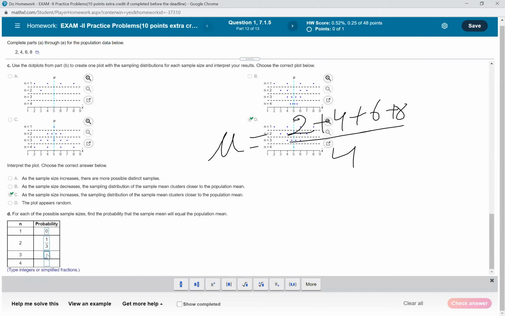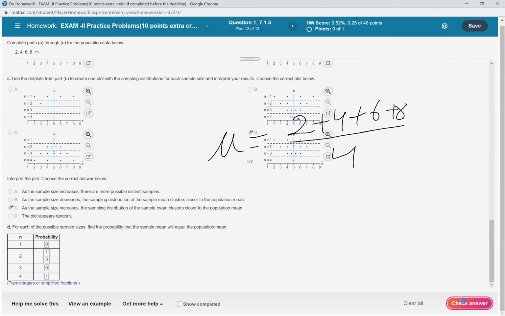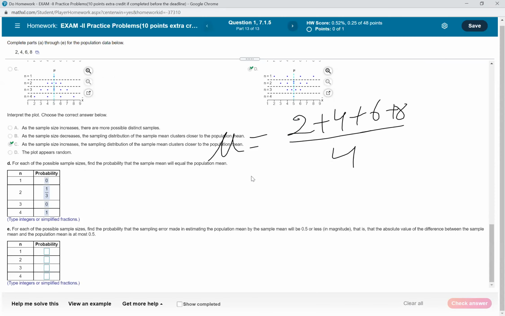And for number 3, how many numbers do we have which are equal to 5? We do not have any number, so it will be 0. And when n equals 4, the probability will be 1, because we have just one number and it is equal to the population mean. So the probability is 1/1.